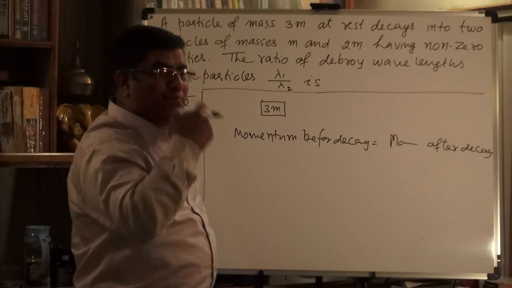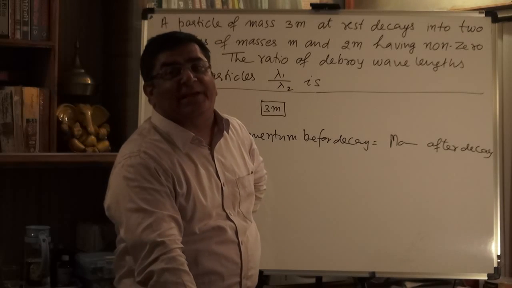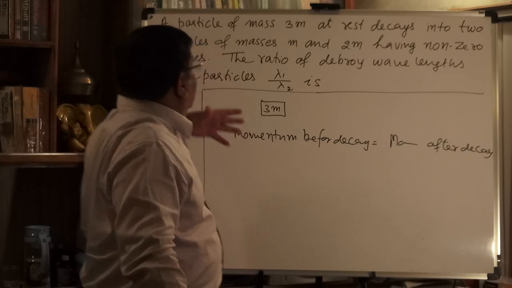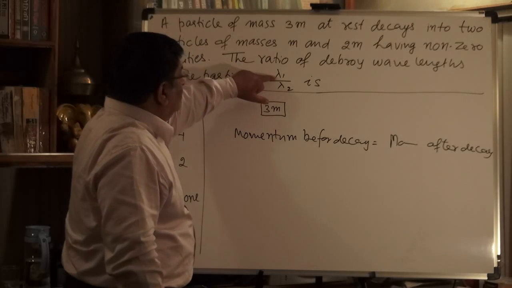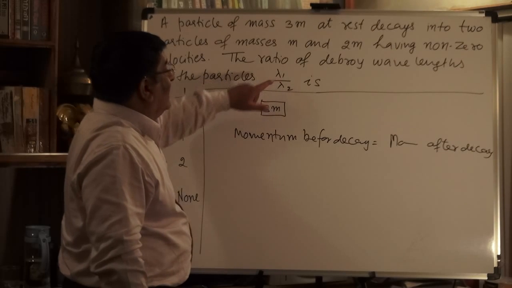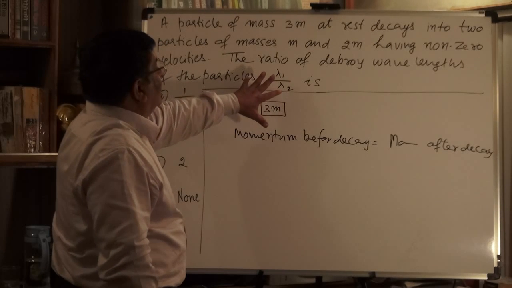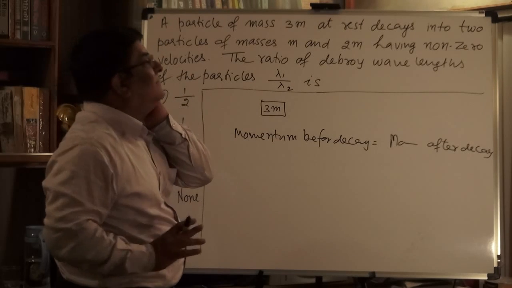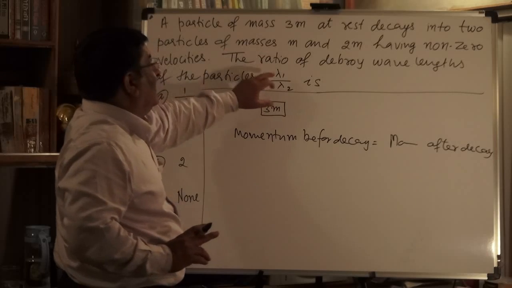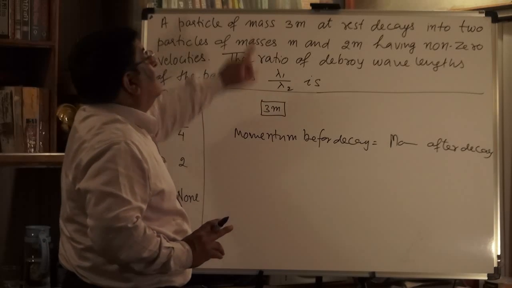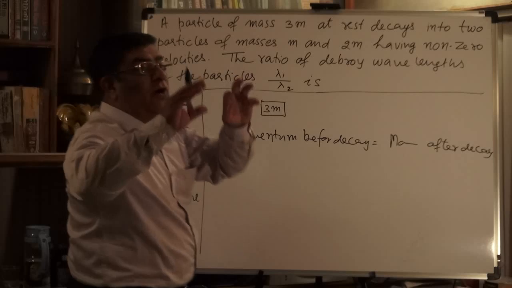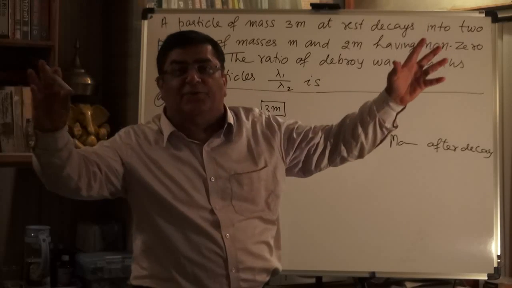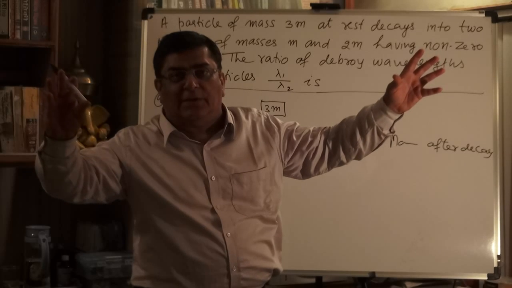Why am I thinking in this way? What is our thinking process for this? Why should I go for momentum at all? The answer is there is lambda. We know the relation of momentum with lambda. Another thing, whenever there is a decay or an explosion, one part disintegrates into two and moves.